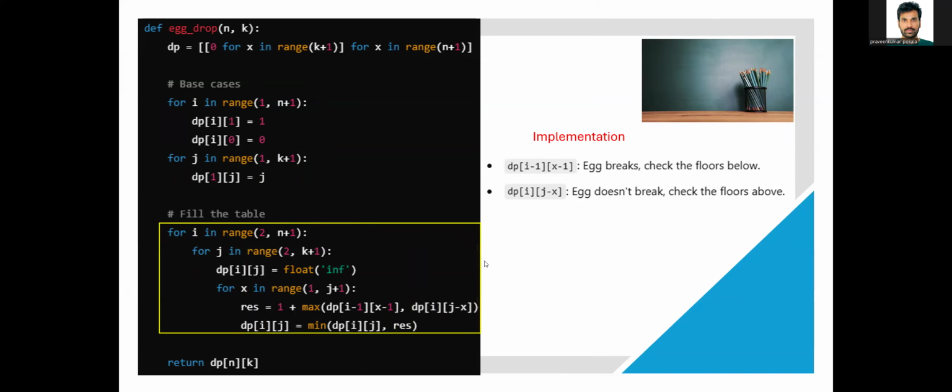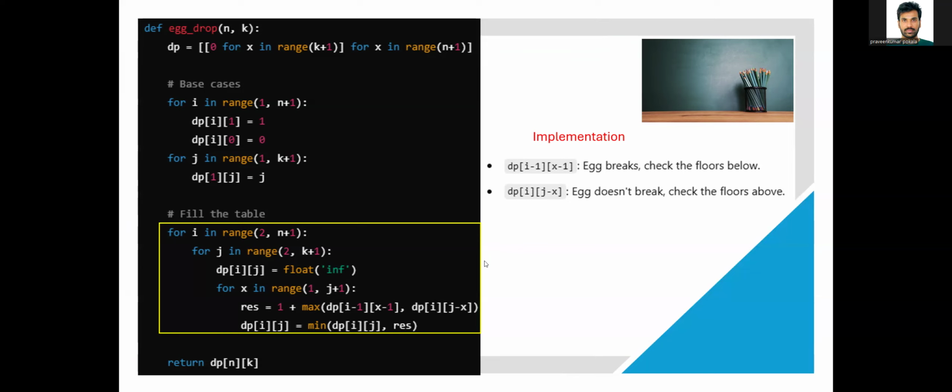So this one is where we navigate through all the elements in the DP to fill them. Since we have already handled the base cases, which include 0 floors and 1 egg, now we need to iterate i from 2 to n plus 1, and j is the floor number, from 2 to k plus 1. Okay, so dp[i-1][x-1] is when the egg breaks and we check the floors below. dp[i][j-x] is when the egg doesn't break at x floor, so we now check the floors above.